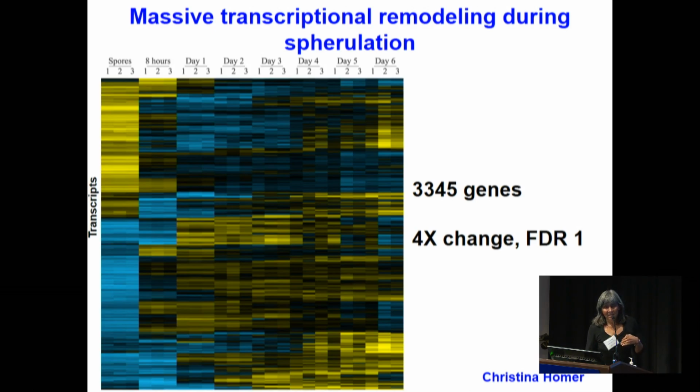And so you can see in that left-hand side, there's a pattern of transcript abundance that the arthroconidia show, and then that changes dramatically as they develop into spherules. A large fraction, over about a third of the transcripts in the genome, are changing their expression pattern over this time course.